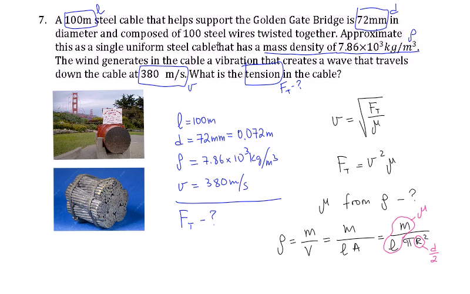Now let's plug everything in. I can rewrite rho equals mu over pi d squared over 4. So from here, I can find mu equals rho pi d squared over 4.